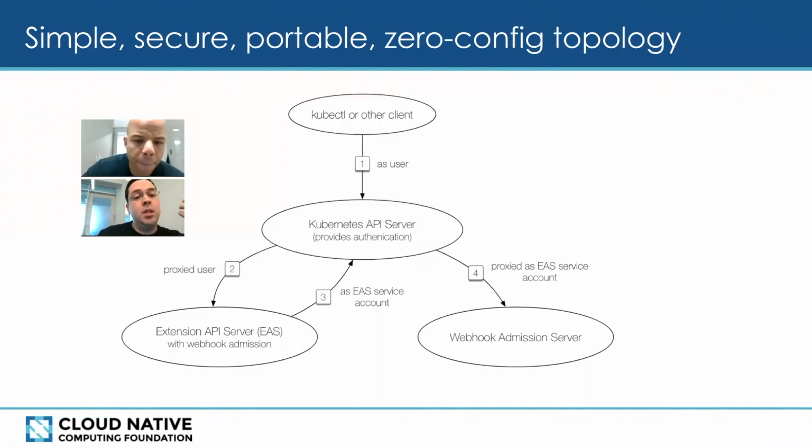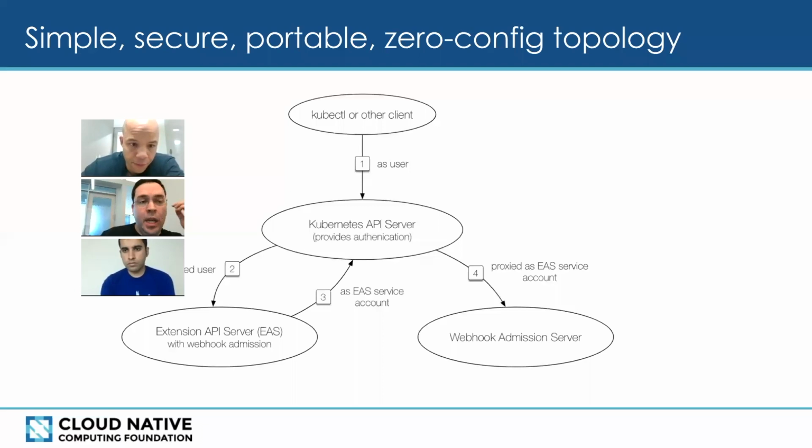And what this allows you to do is identify in the webhook admission server what API server is contacting you and decide whether it has access or not. And all this wiring, all the credentials that are used, can be done automatically and safely without any config on your part. It doesn't require any credential distribution mechanism, and it will work on any API server that supports aggregation.